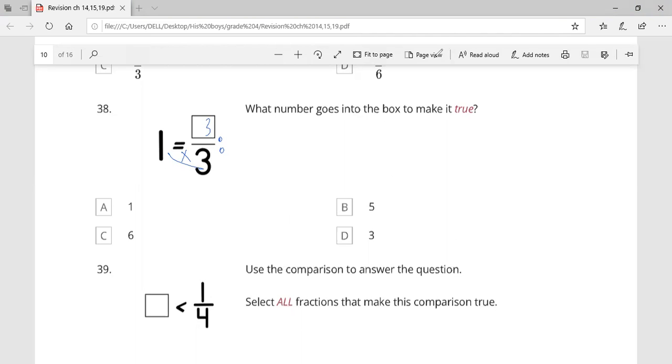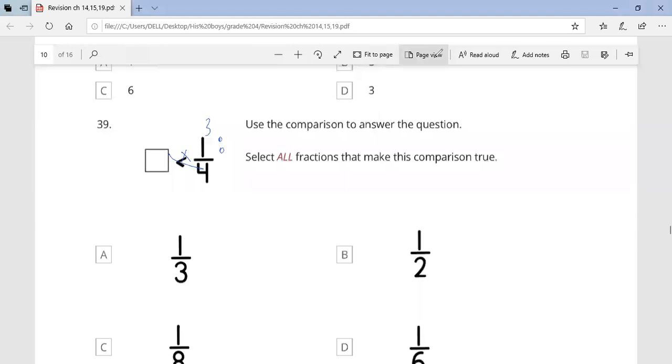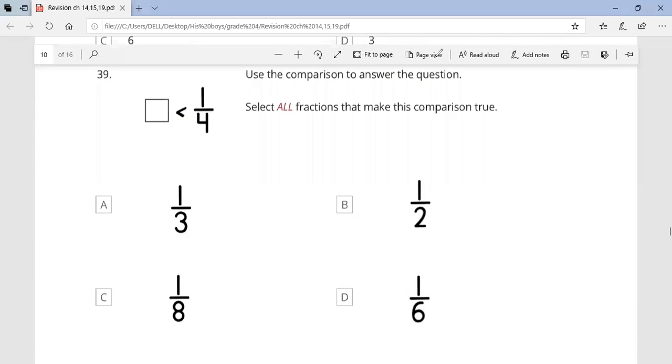Here is the next one, number 39. We can check it and use the cross multiplication. If I put 1 over 3 and cross it, here is a 3, here is a 4, we can't. It is not correct.